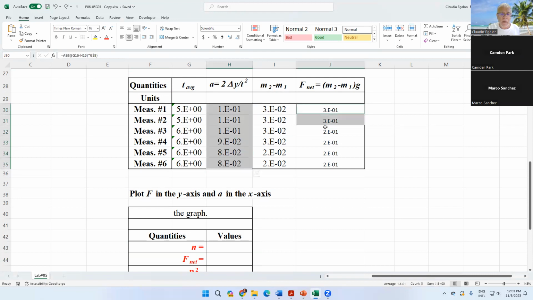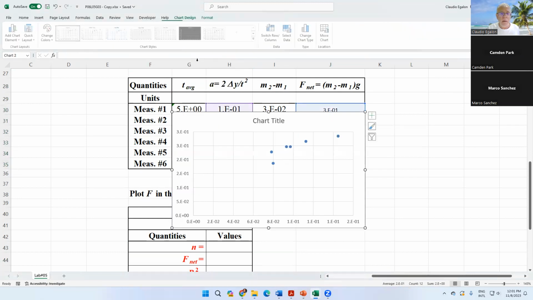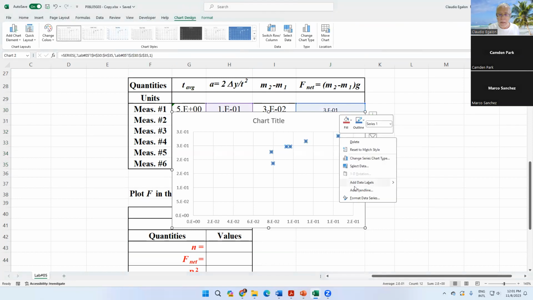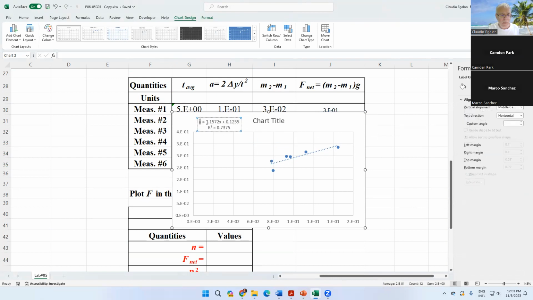Okay. The one on the graph, right? Yeah, here you go. Regression equation here. This equation here. Okay.